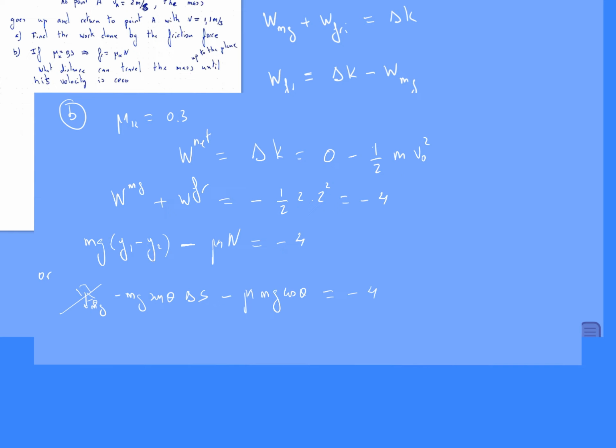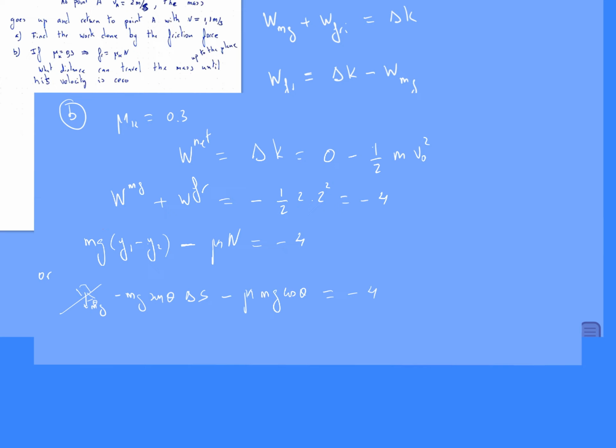Oh, I think that I made a mistake. Okay, let's redo it. Don't worry. mg y1 minus y2 is the work done by the weight. The work done by the friction is negative. This one is also negative, of course, because y1 minus y2 is negative when the weight is going up, so this work is negative.